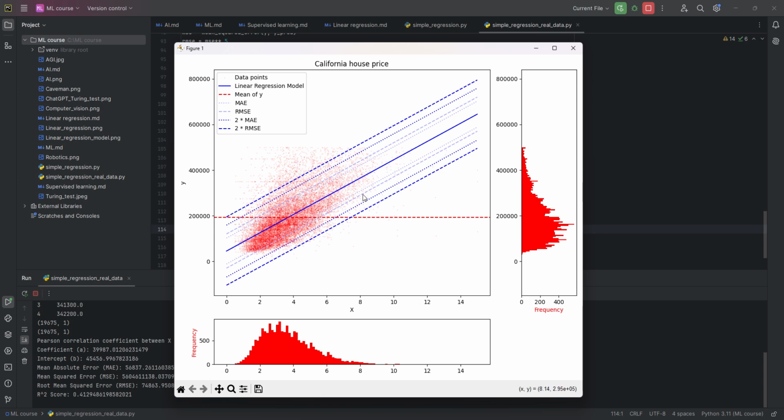That's why we have these dashed lines for the RMSE and double of RMSE, and you can see that they cover more areas. So they are indicating that the error we are encountering with this model is much more than what the mean absolute error is telling us. And you can see there are much more points covered by the RMSE.